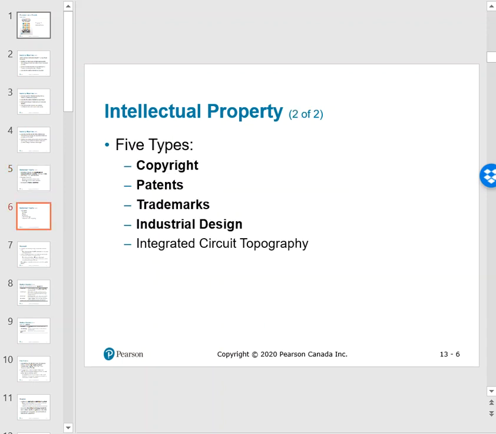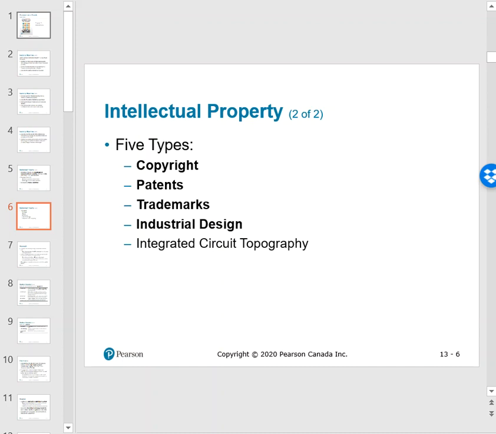So now we need to look at the main five types, but I'll be emphasizing and focusing on the first four types, which are copyright, patents, trademarks, and industrial design. I'll just mention very briefly, or just exemplify, what integrated circuit topography is, but we'll be focusing on the other four types.